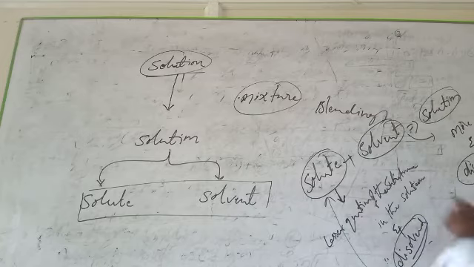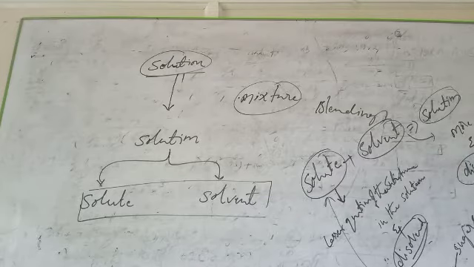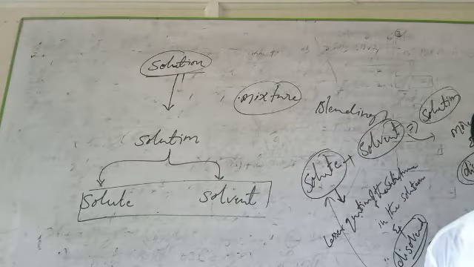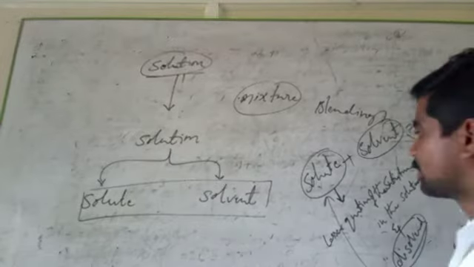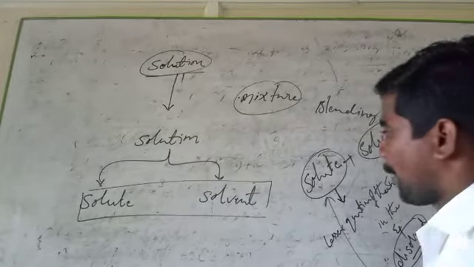Water is the more quantity of the substance and the dissolving substance. Water dissolves the sugar, so water is the solvent, sugar is the solute. Sugar plus water mixed together form the compound, that is solution. Solute and solvent make the solution.